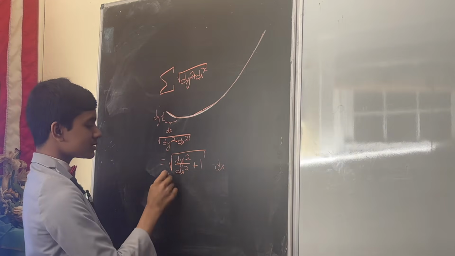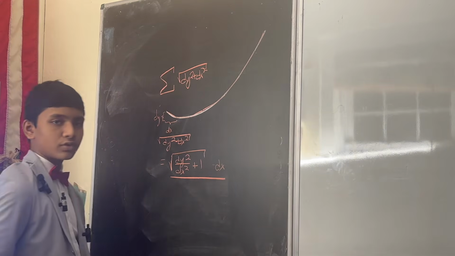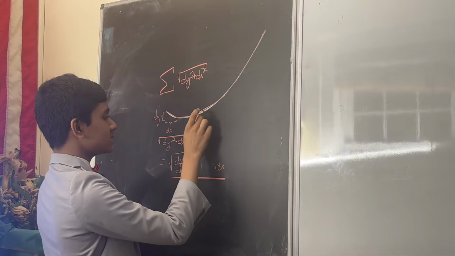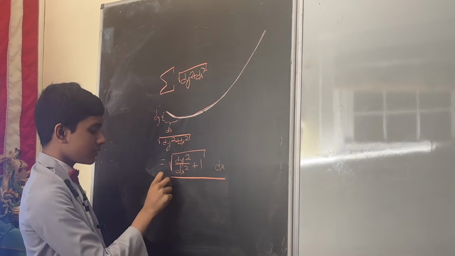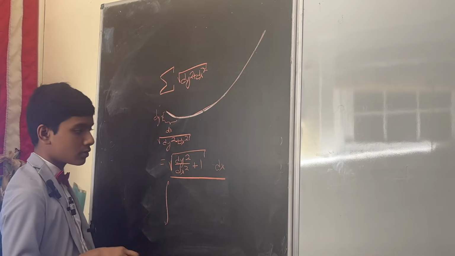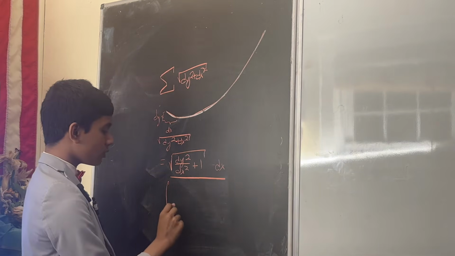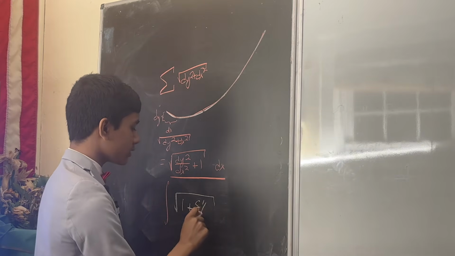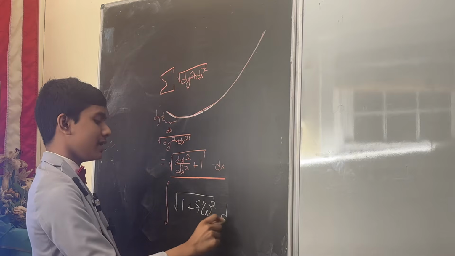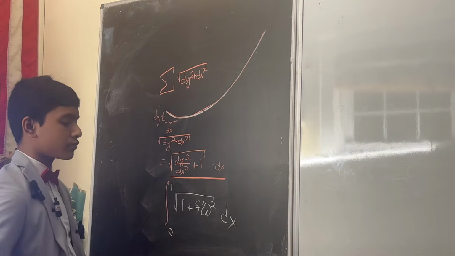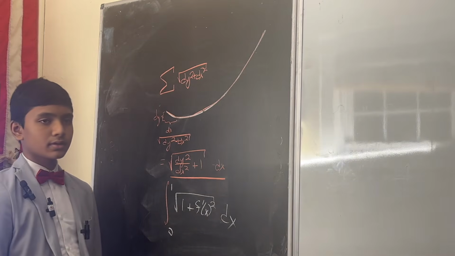So this is for the finite sum, but of course, since the number of line segments approaches infinity, the finite sum, just like a Riemann sum, is going to get turned into an integral. So it's going to be the integral of the square root of 1 plus the derivative squared, dx, over whatever range you want to integrate over.